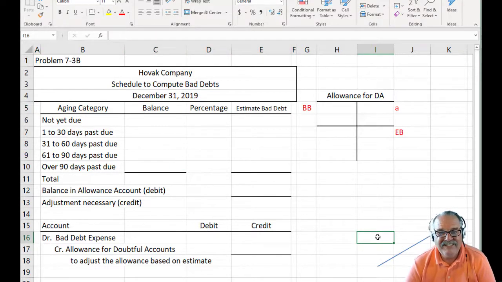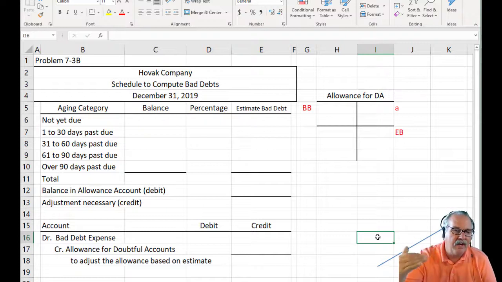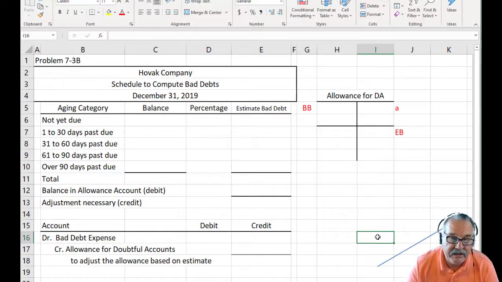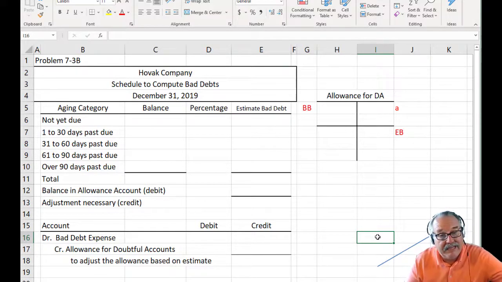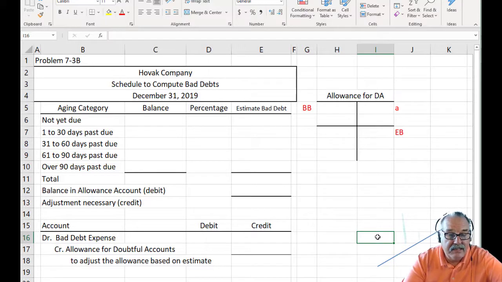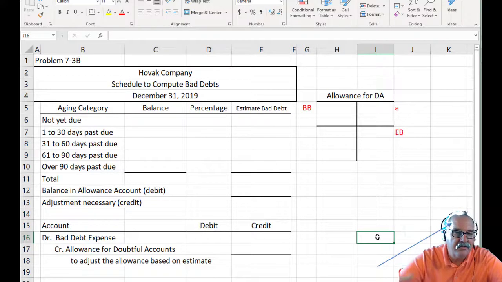And we're doing something very similar to what we just did in item C, but here, rather than take a flat percent on all of accounts receivable, we're going to categorize our receivables based on age. This is very common because, as you can imagine, if a receivable hasn't been paid for a period of time, whether it's 2 months or 3 months or 4 months, the older it gets, the less likely we're going to collect it, right?